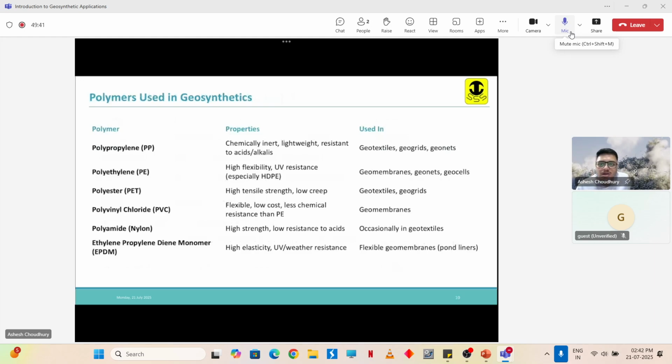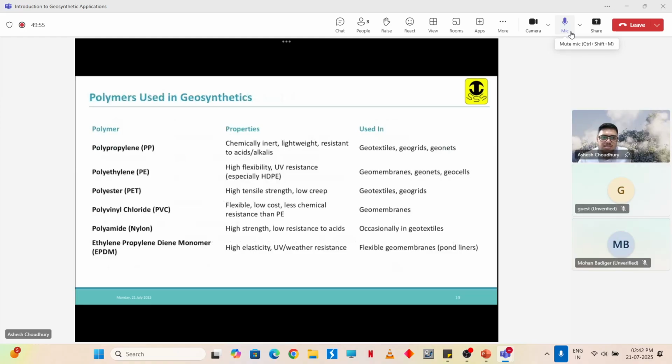So what are the polymers that are used in geosynthetics? We have polypropylene. Polypropylene is chemically inert, lightweight, and resistant to acids and alkalis, and it is mostly used in geotextiles, geogrids, and geonets. Then we have polyethylene.